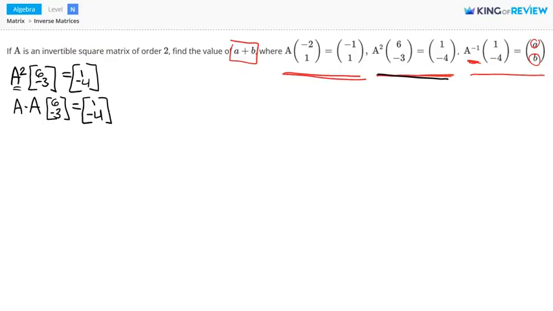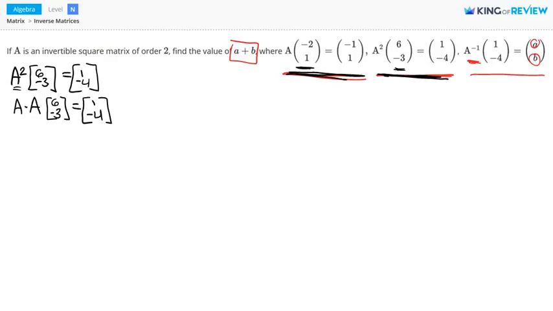Now the next thing I want to do is to try to use this equation here. You notice we have a matrix that has a negative 2 and a 1 in it, where the A squared equation has 6 and negative 3.